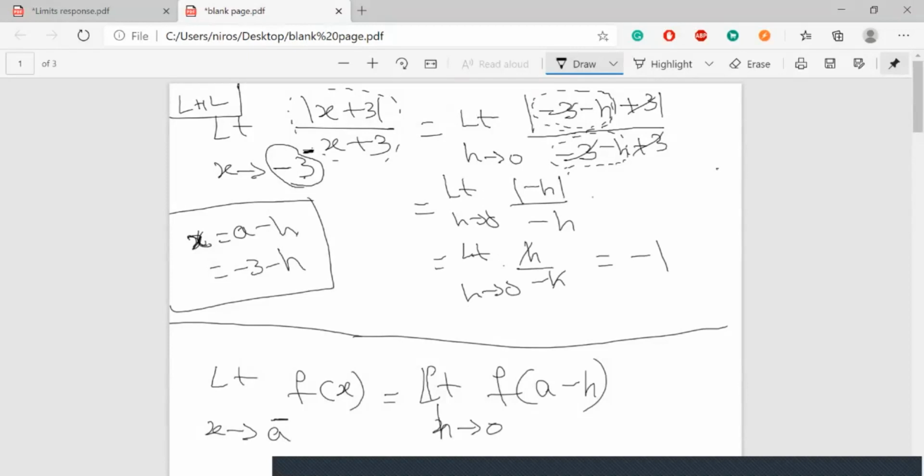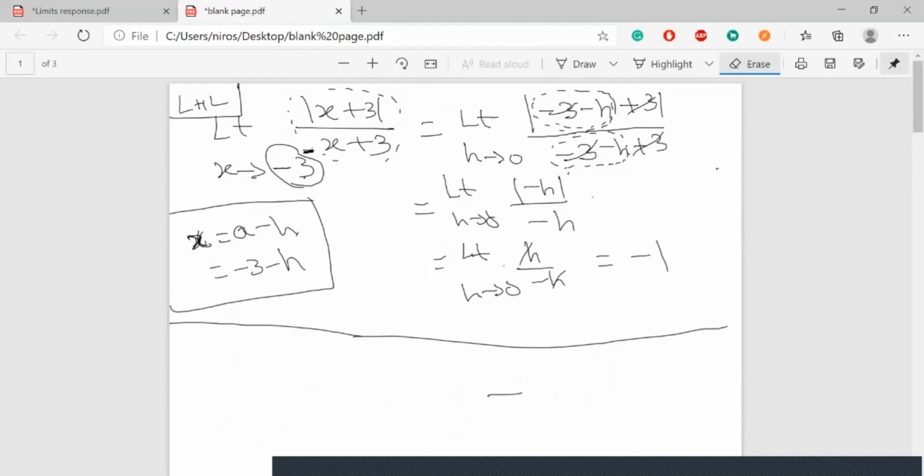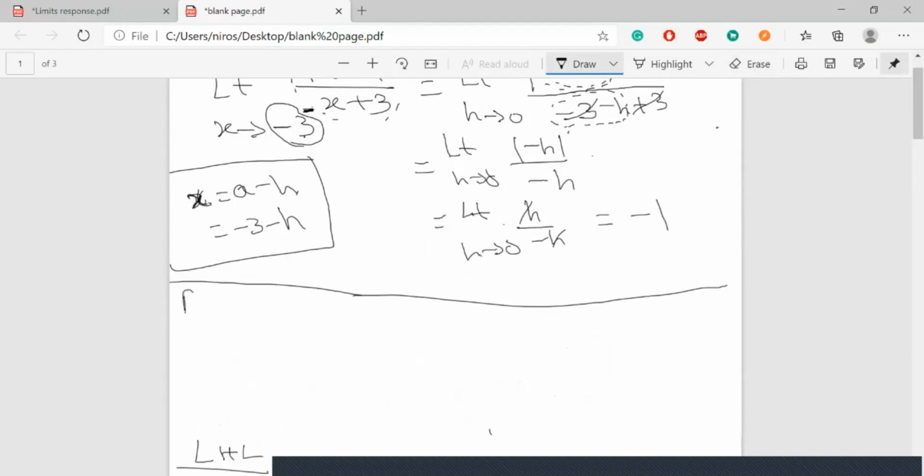In the same way, if they ask you to find the right hand limit for this, what will you do? In the place of x, for the right hand limit, we add a and h.